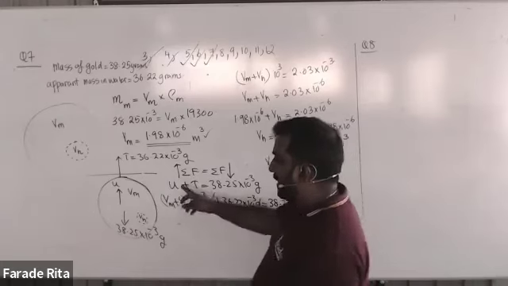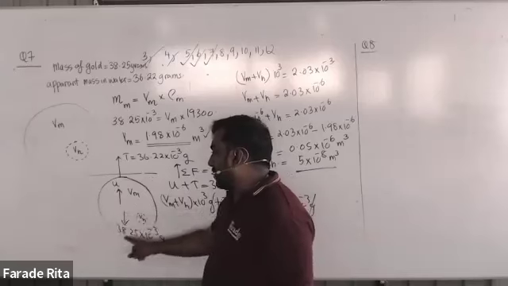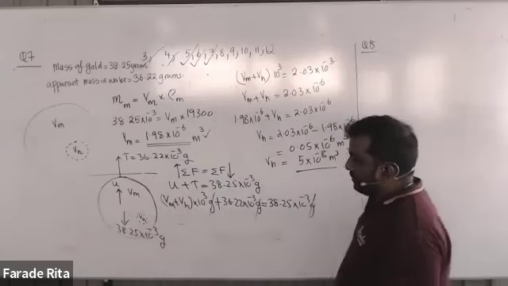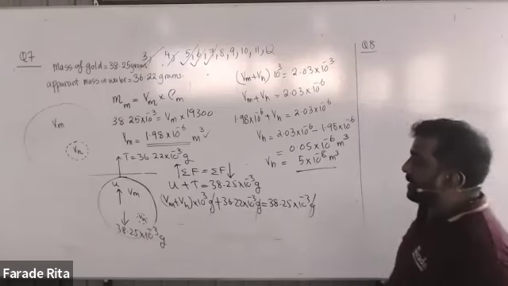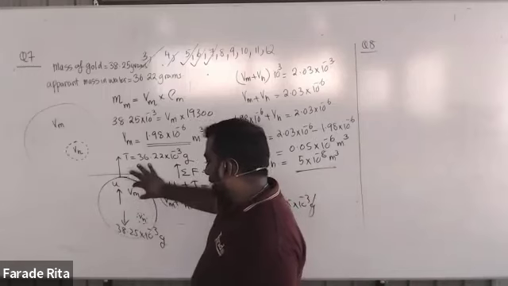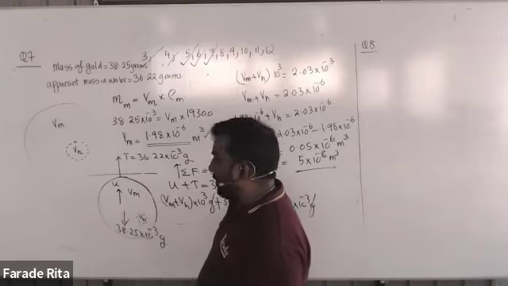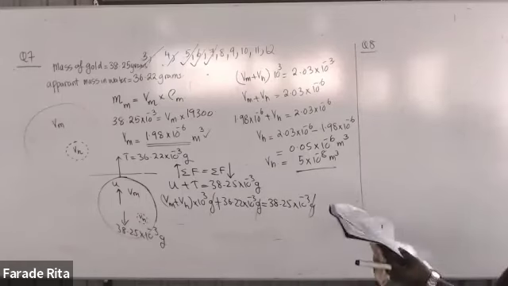When we consider the upthrust, we must consider the total volume, which is the volume of the metal and the volume of the hole.